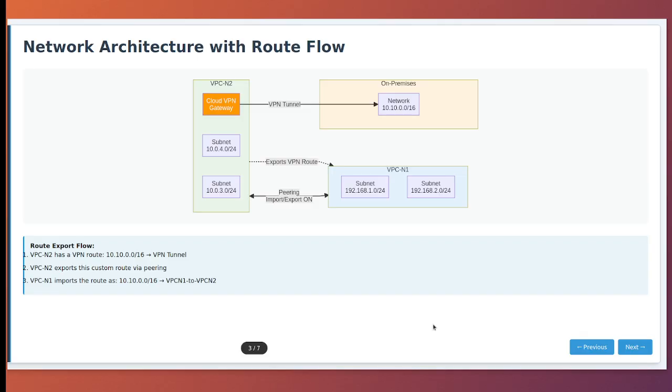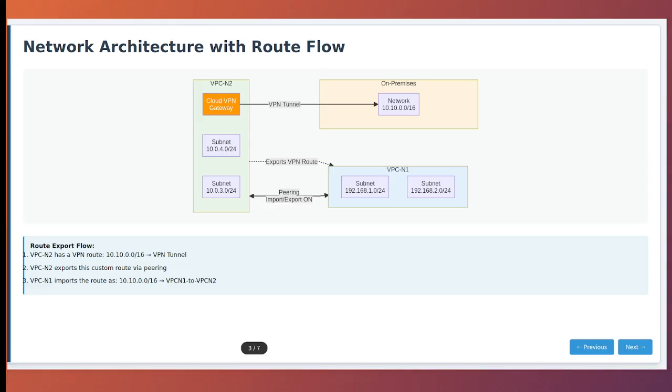Now here's the magic. With custom route export enabled on VPC N2's peering configuration, this VPN route is shared with VPC N1. When VPC N1 imports this route, because import is enabled on its peering configuration, it creates an entry in VPC N1's route table.